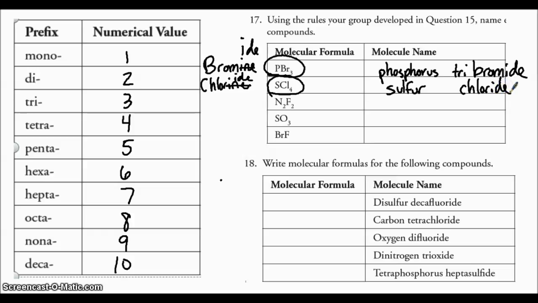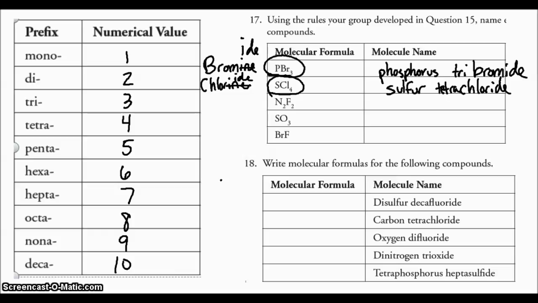Sulfur, there's only one of them. And the first one never gets mono, so that can't get the mono. So sulfur's done. And then we have the chloride, and there's 4 chlorides. So you go 4, oh, that's tetra. So we put tetra. So we have sulfur tetrachloride.